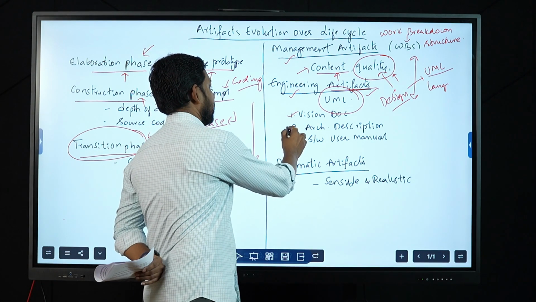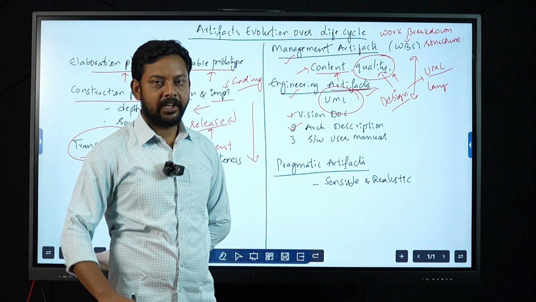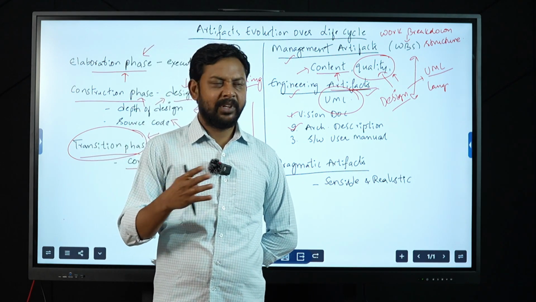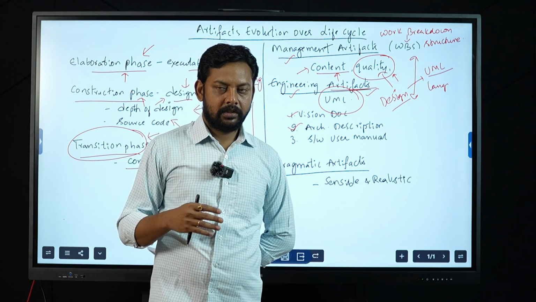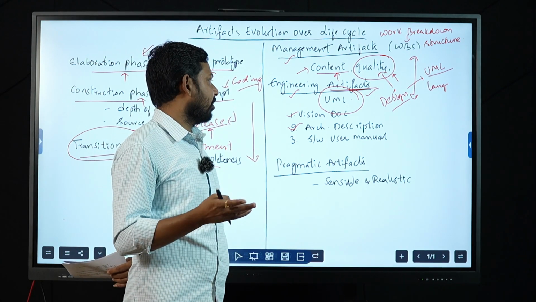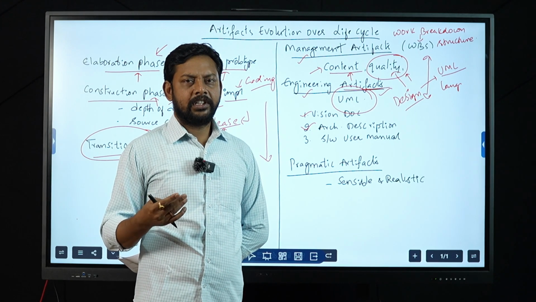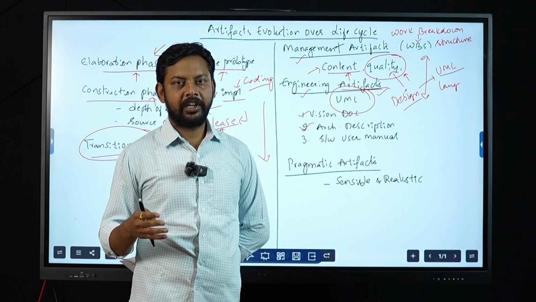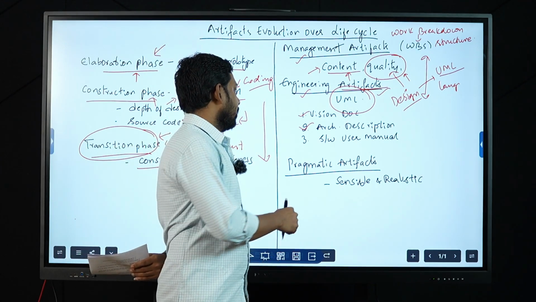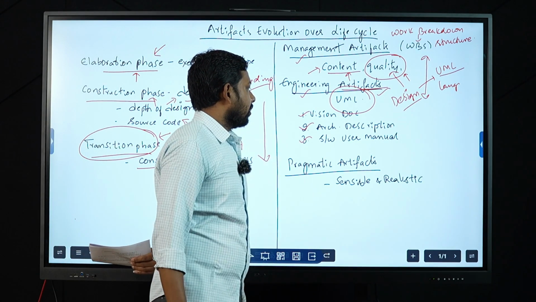Second is the architecture description. Architecture description states which UMLs you are using, as I already said, you are working on your design part here. Which UMLs you are using, whether that is in line with your software or not, and what architecture you are following in order to design your software. And third, you go with your software user manual.